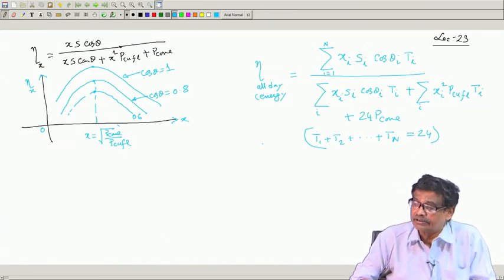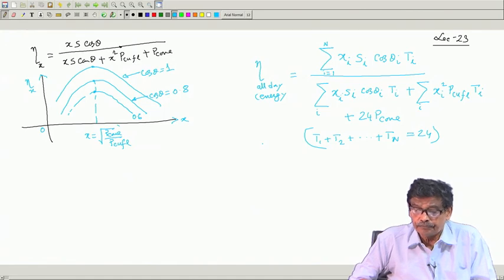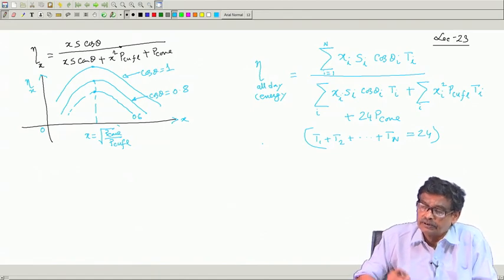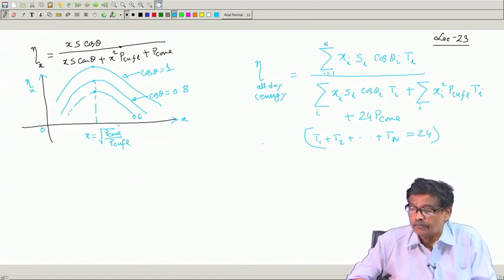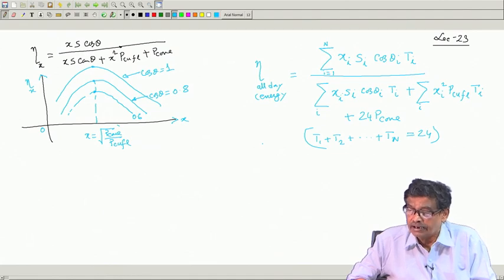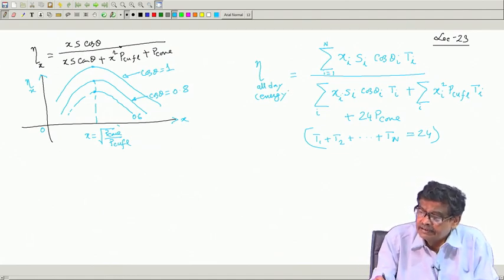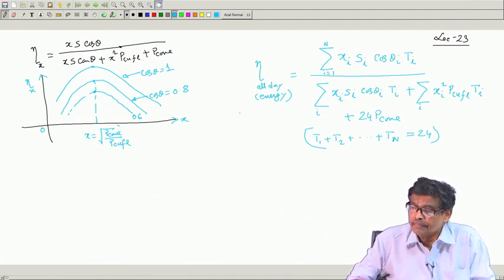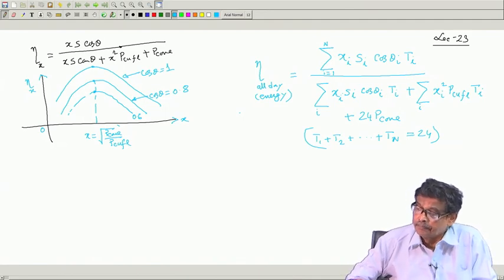We have discussed all these things. Therefore, to judge whether the transformer is good or not, particularly a distribution transformer, it is better to calculate the all day or energy efficiency and see that it is quite high. That is how it is decided.